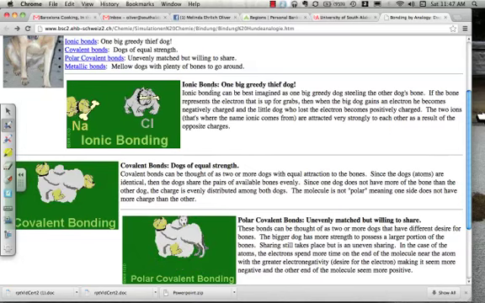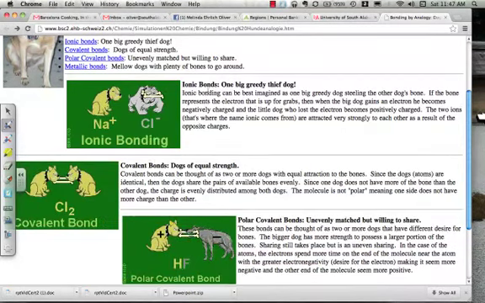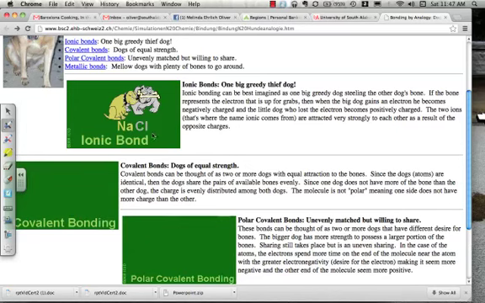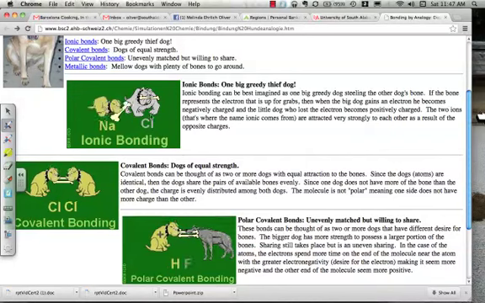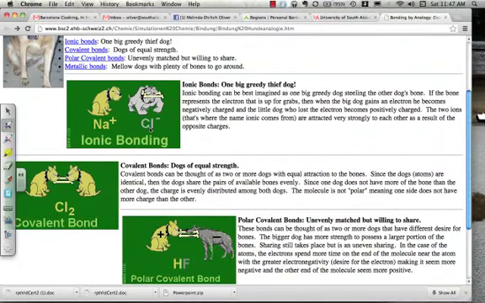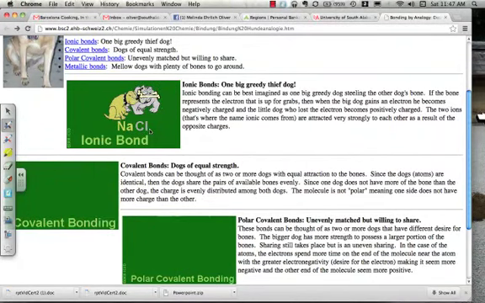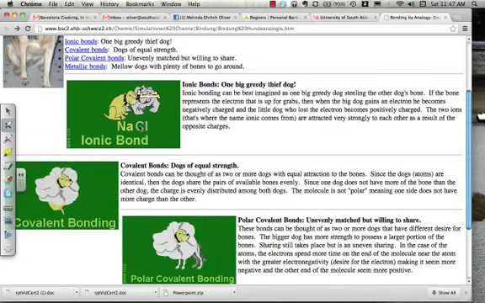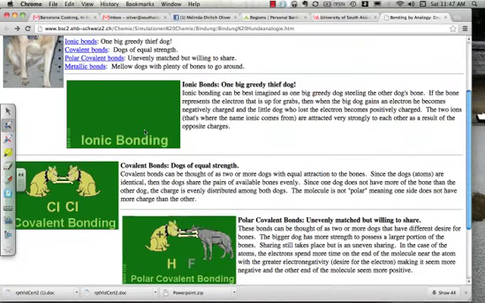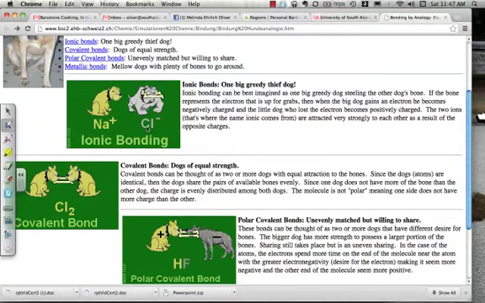All right, so ionic bonds, opposite sides of the periodic table. So if we watch this simulation one more time, you've got a large dog and a small dog. Now, this large and small you can think of as pertaining to electronegativity. Chlorine is a nonmetal. It's on the right-hand side of the periodic table where there are high electronegativities.